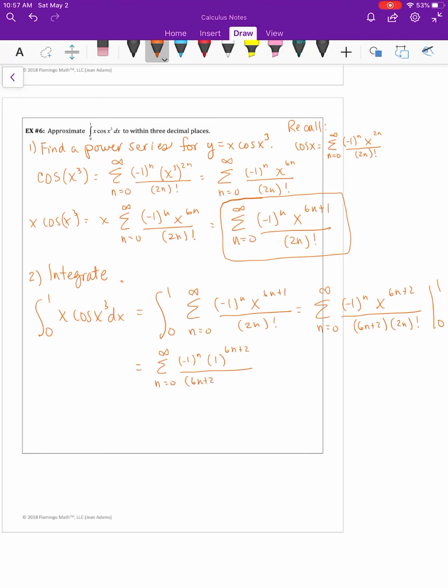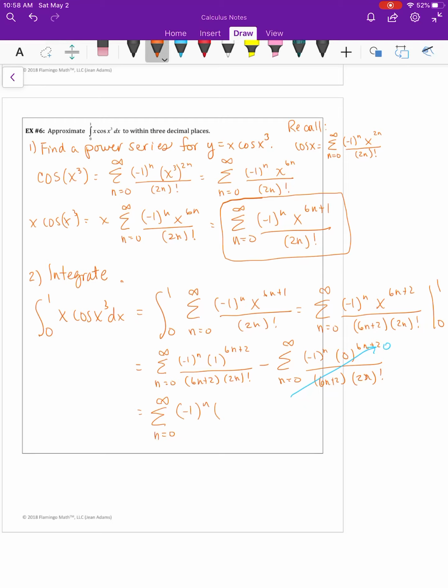So summation from n equals 0 to infinity, you know we're going to calculate it with x equal to 1, minus the calculation with x equal to 0. And of course, this goes to 0 because that's 0.